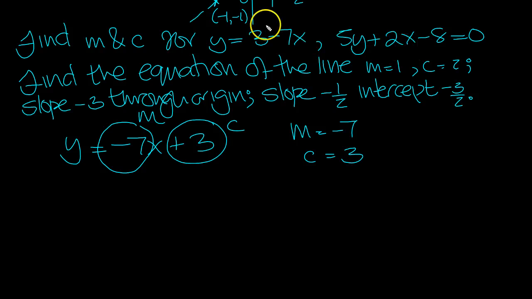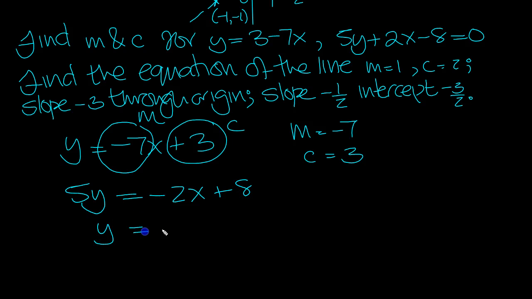This one, so let's rearrange. Leave the 5y as is. Move the 2x over to minus 2x, and move the 8 over to plus 8. Then we can move the 5 from times to divide on the other side: minus 2x plus 8, all over 5. Now if you add 3 plus 2, say, over 7, that would be 3/7 plus 2/7.